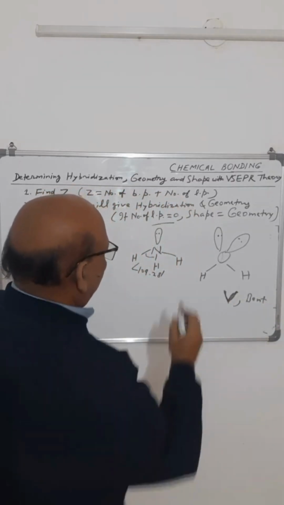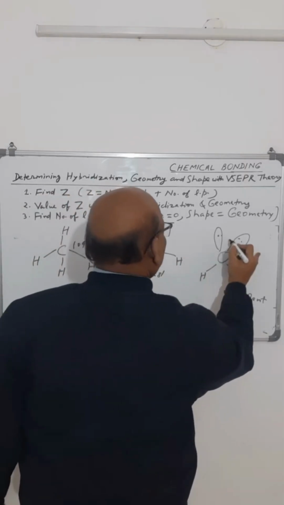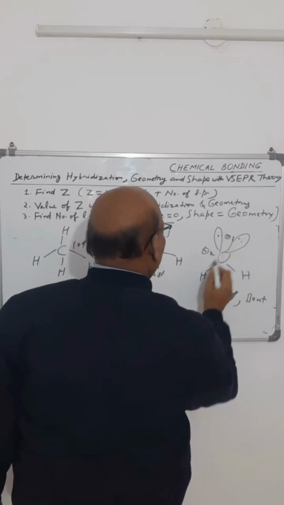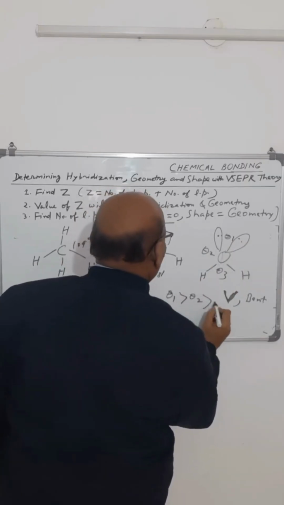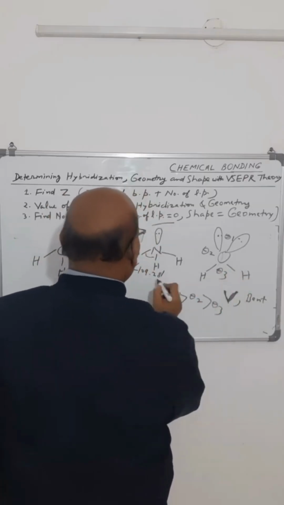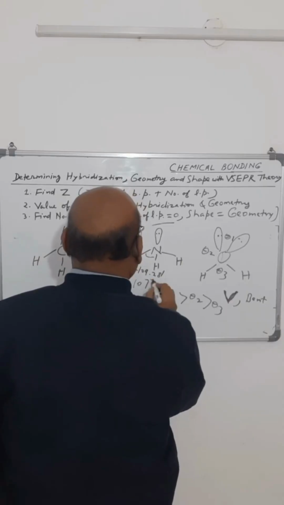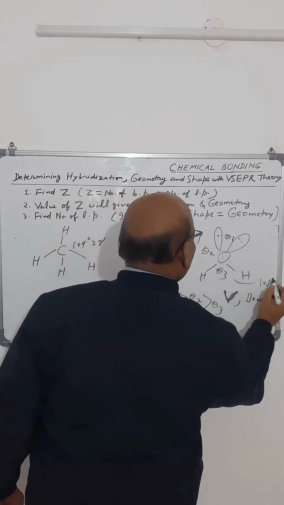So that is how, and the angle will be even less than this angle. So we can say that if this is angle theta 1, this is angle theta 2, and this is angle theta 3, then theta 1 will be greater than theta 2, which will be greater than theta 3. Here it is around 107 degree and here it will be around 105 degree. So this angle will be 105 degree.